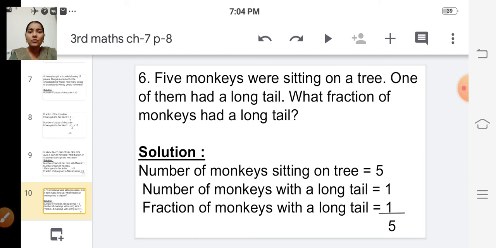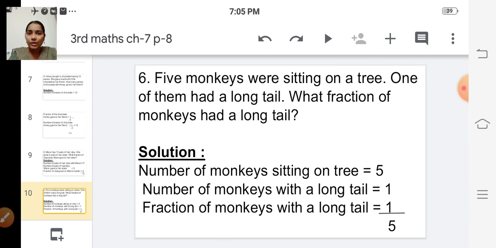Only thing is you have to understand the question. Okay. So read the question again and again, so that you can understand what is given and what has to be found out. Read the question again and again and understand the concept. Children, in some questions they have given the fraction and they have asked the number.